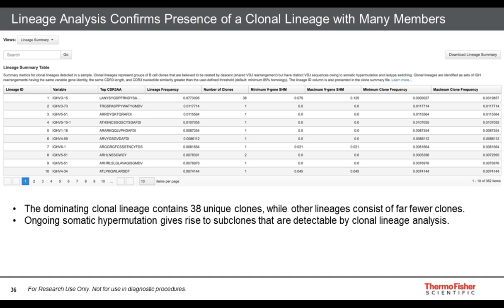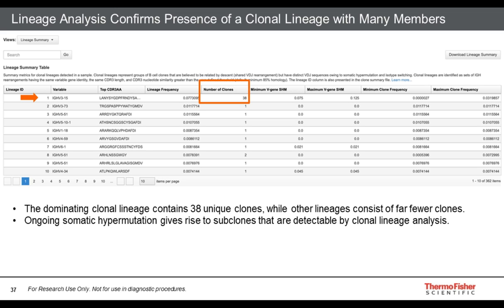And you can take a look at the first row of this table, lineage ID number 1. There are actually 38 clones within this clonal lineage, while the others have 1 or 2. So this is really an excess number of clones consistent with ongoing somatic hypermutation, creating this rich subclonal structure.